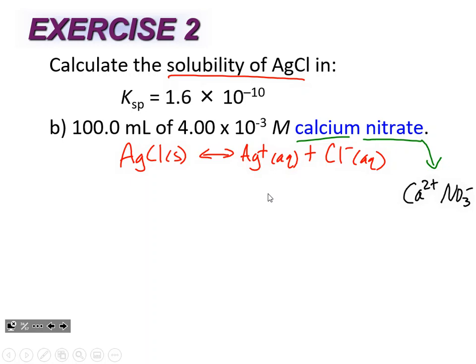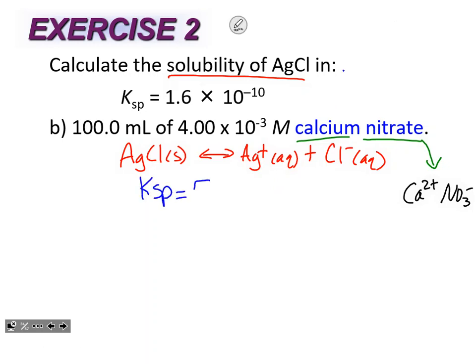So how do we actually work this problem? We work it like it's a regular Ksp in pure water. So after the reaction, what comes next? We write out the Ksp expression. So let's do that.